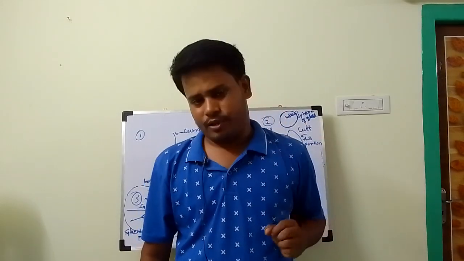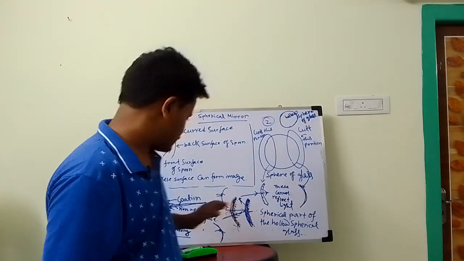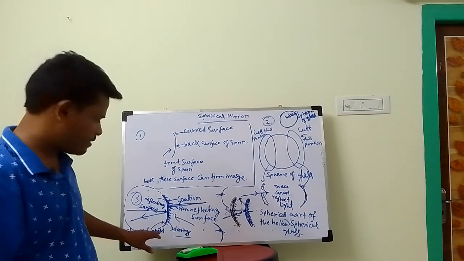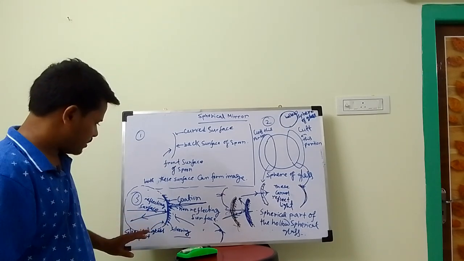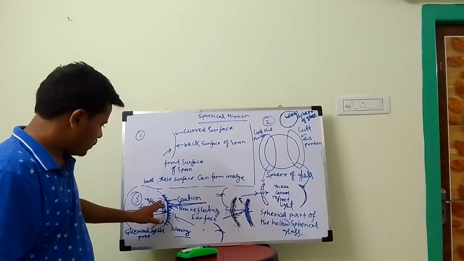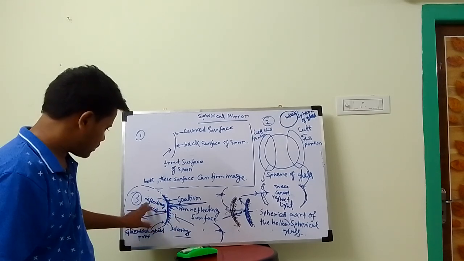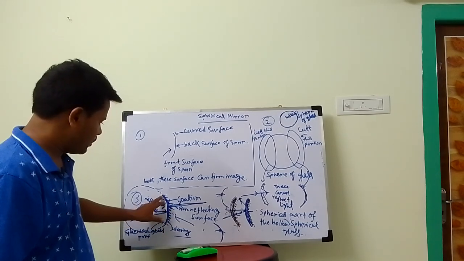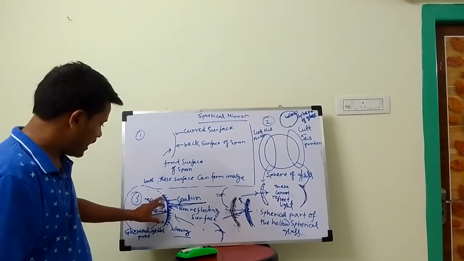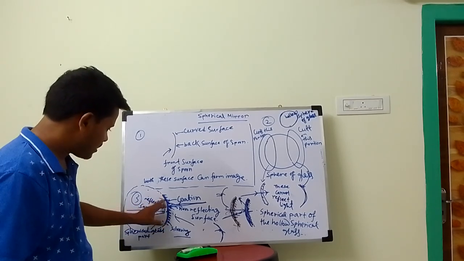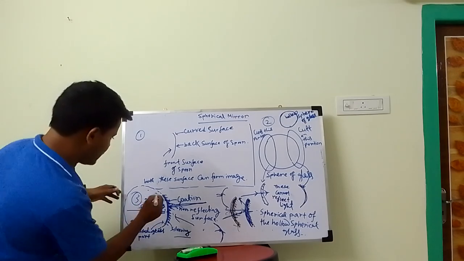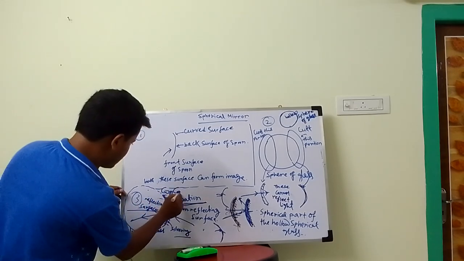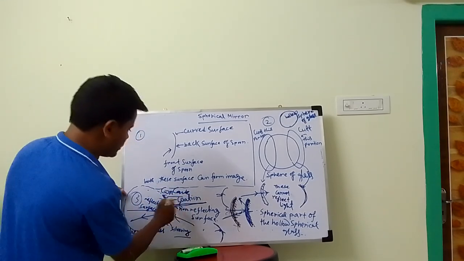The spherical mirror, let's see again on the board. The spherical mirror which has its reflecting surface curved inward is known as a concave spherical mirror.